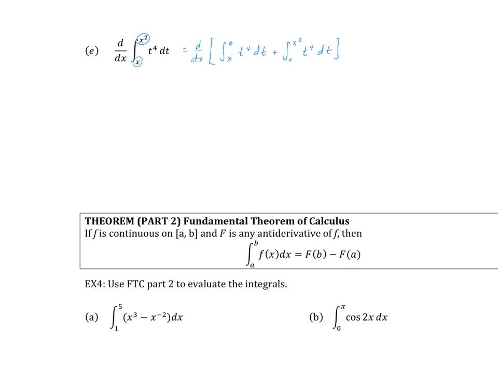And now that I have it broken up, I want to look at this first piece. Notice that it goes from x to 0. I want it to go from 0 to x. So I'm going to go ahead and change that to a negative and flip.